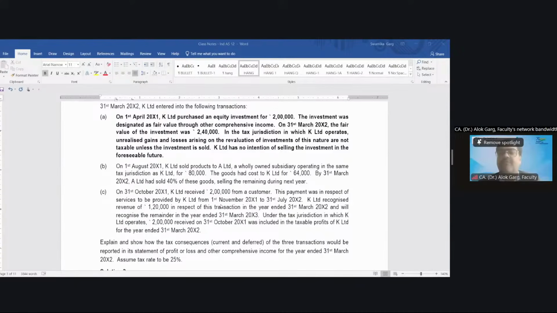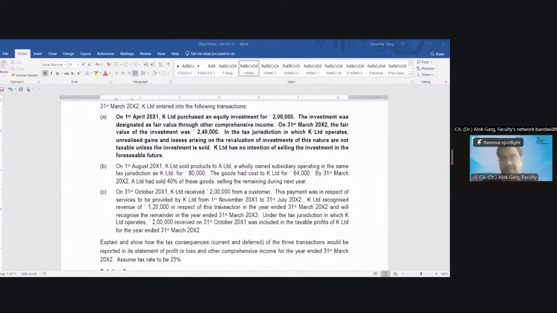So is there a temporary difference or not? Yes, sir, this is a temporary difference of 40,000. So my asset is higher in my books of account. What should I do? I should create a liability, a deferred tax liability, on 40,000 multiplied by the tax rate.